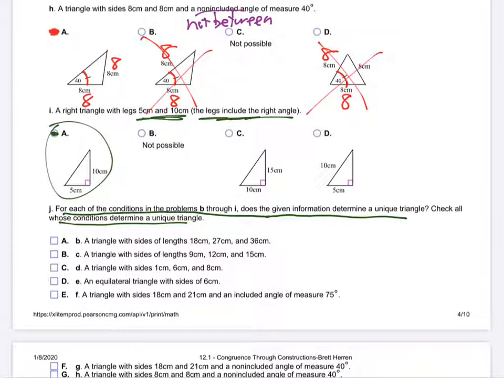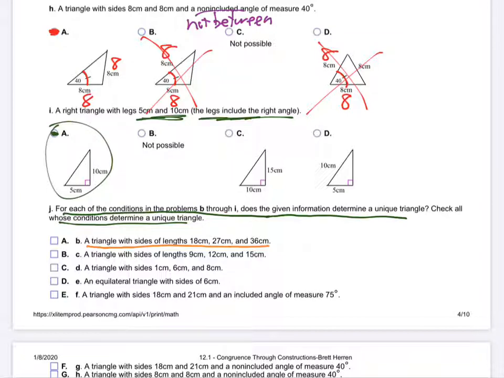Now, we don't really need to go back because they give us the information right here. So on this one, it says, a triangle with sides 18, 27, and 36. There's going to be several of these that we check, and we're supposed to say it's unique, meaning there's only one triangle possible from that information.